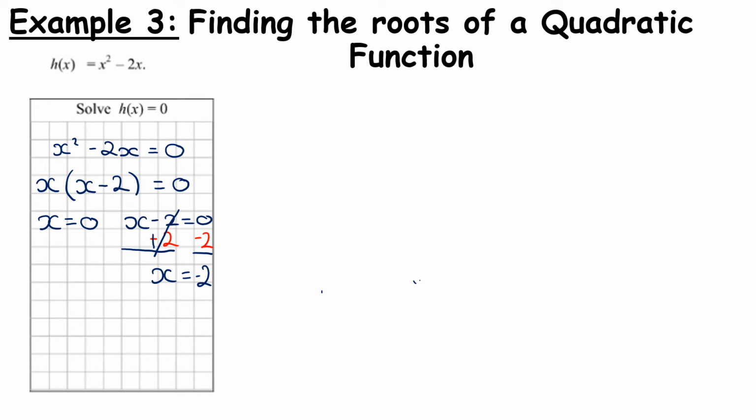I should add a 2 to both sides. And then my final answer is x equals 2. So that's 0, and then I add a 2 to both sides. So it's just that bracket equals 0, giving me a final answer of x equals 2.